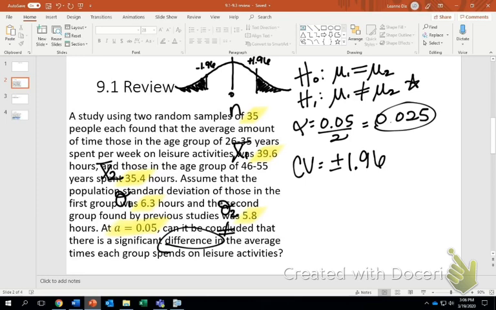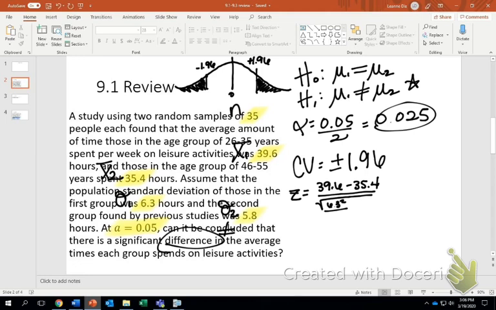Remember, that formula is very long and complicated, so I'm not going to rewrite it. I'm just going to go ahead and start plugging in. So it's going to say Z equals our first average, 39.6 minus 35.4, all of that over the square root of 6.3 squared.